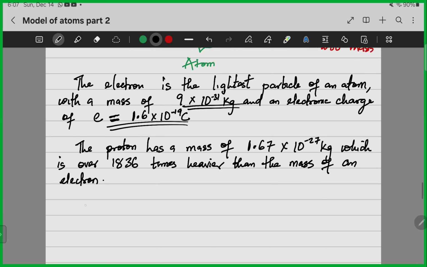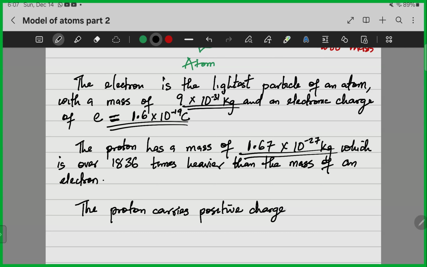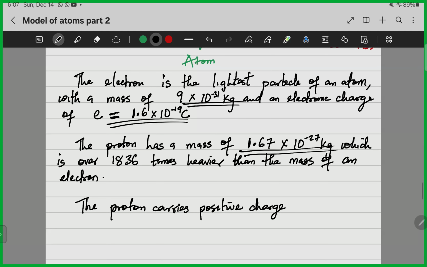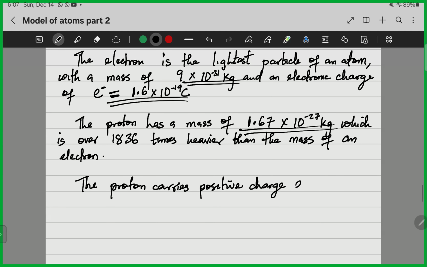So the proton carries a positive charge. The electron is written as E minus, while the proton is written with E plus.